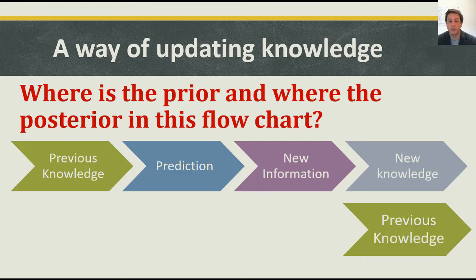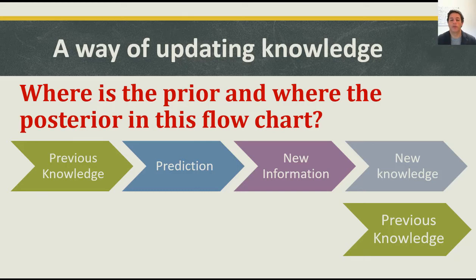We make predictions based on that knowledge. And then we acquire new information, which is data in this context. And then we update our previous knowledge to new knowledge. Now, this new knowledge becomes previous knowledge for data that we're going to collect later, and this flowchart begins again. And we've got a continuous flowchart of previous knowledge, prediction, new information, new knowledge.